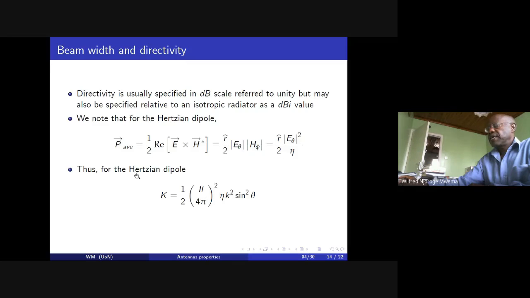And thus, for the Hertzian dipole, you can see that K is just going to be given by a half the current element, divided by 4 pi, all squared, eta k squared and sine squared theta, where the eta that we had there squared is reduced to just a single eta.